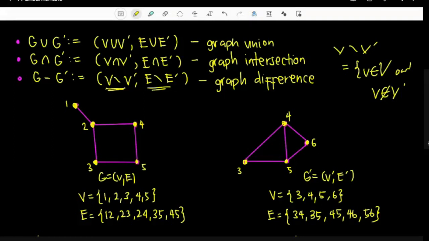Kasi syempre hindi pwedeng maiwan yung edge na walang vertex. Halimbawa, ni-remove mo yung vertex. For sake of discussion, let's say this is 1, 2, 3. Pag ni-remove mo yung vertex na to, dapat mawawala din yung edge 1, 2 tsaka 1, 3. Bakit? Kasi wala ka na ng vertex 1 eh.